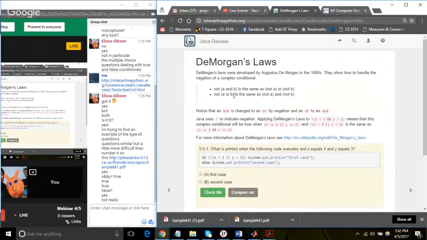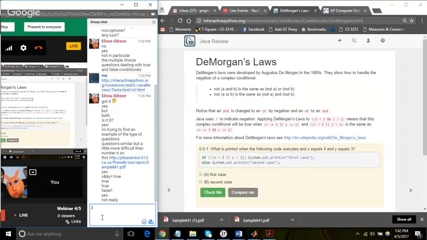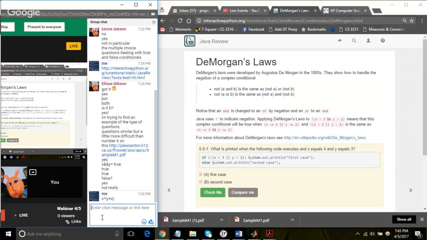Okay, so De Morgan's law is kind of like how if you have something like x times y plus z, you can spread it out, distribute it.